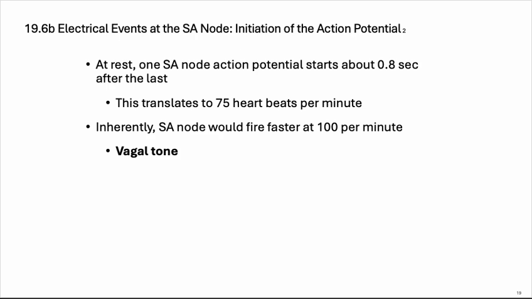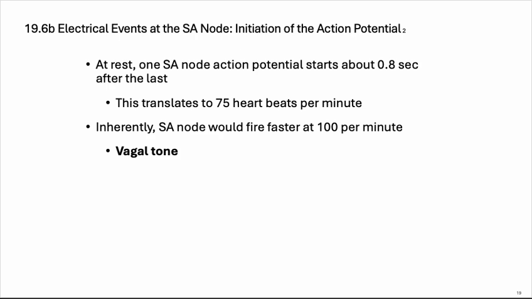If we didn't have our nervous system, it would be about 100. That would be the relative baseline for a heart rate, which is higher than most people's typical resting heart rate.